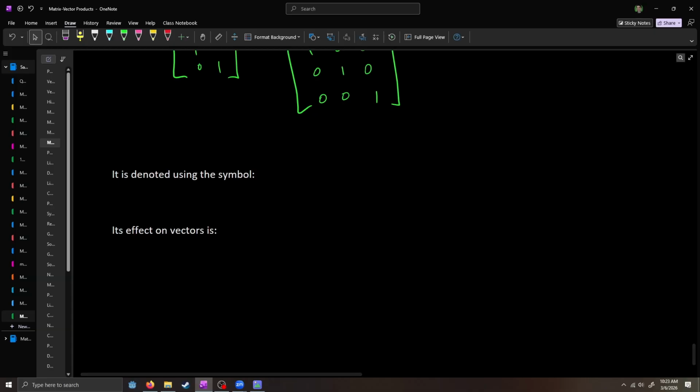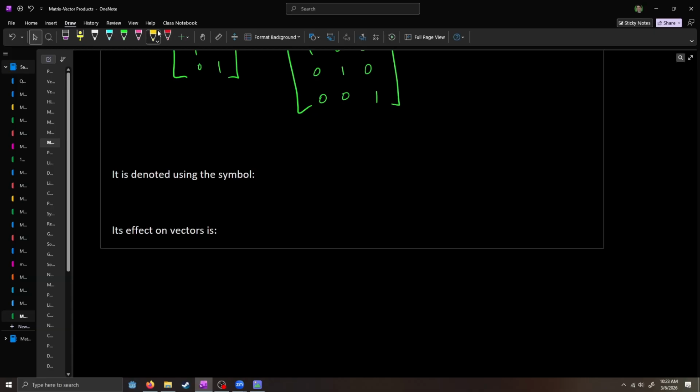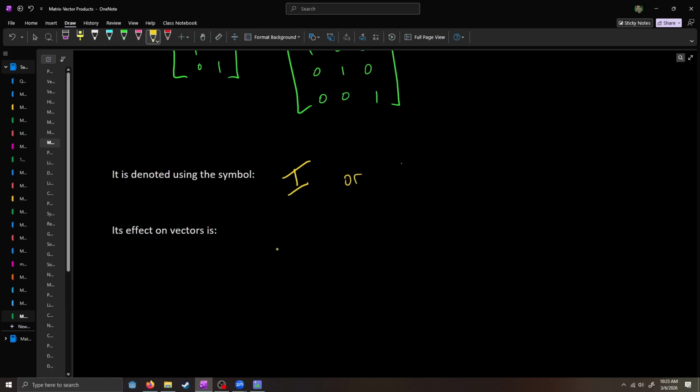If you want to talk about the identity matrix, it has a special symbol. We denote it using the symbol I for identity. Or if you want to be specific about the size of the identity matrix, you might also see it called I with a subscript of n, to communicate that it's the identity matrix that has n rows and n columns.